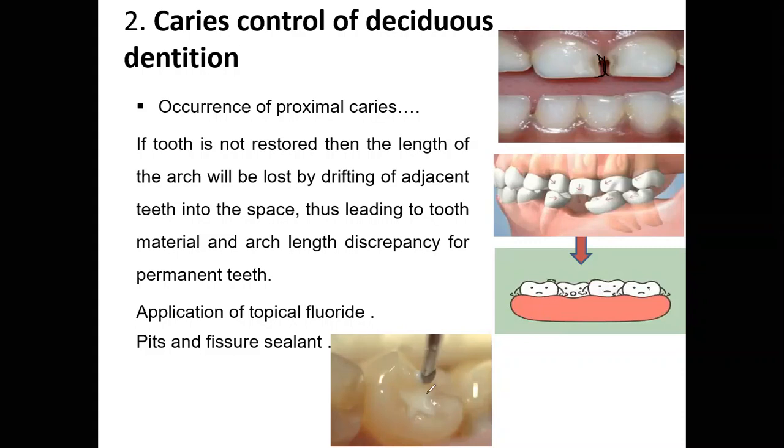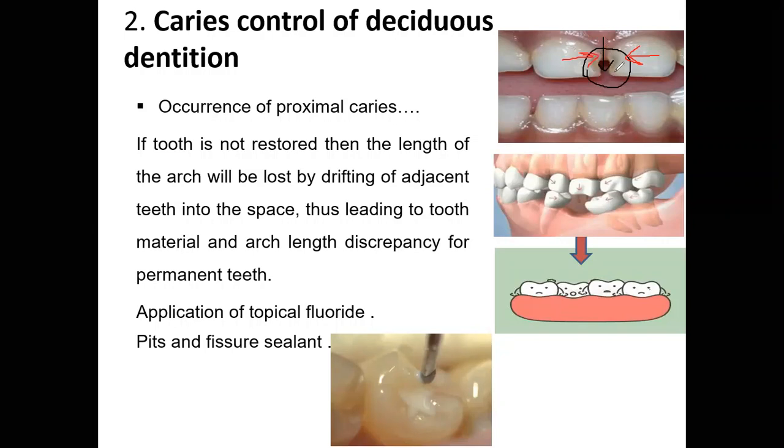This reduction in width has left some space. Can you see here? This space is left. This space left due to proximal caries will allow both teeth to drift into the empty space.